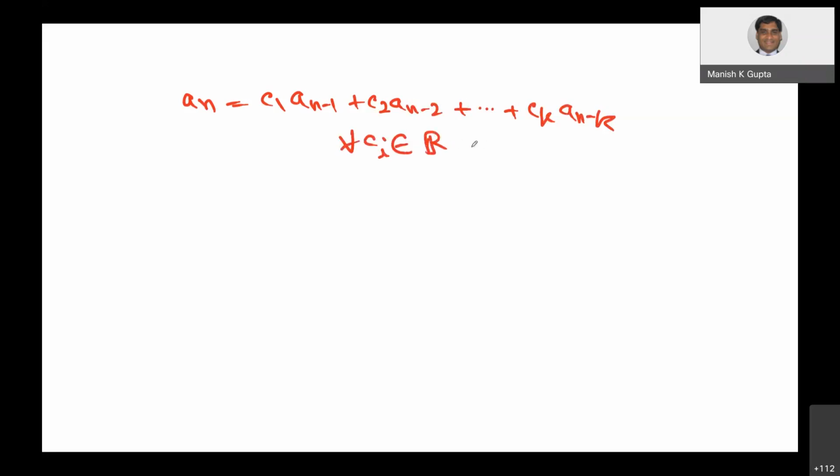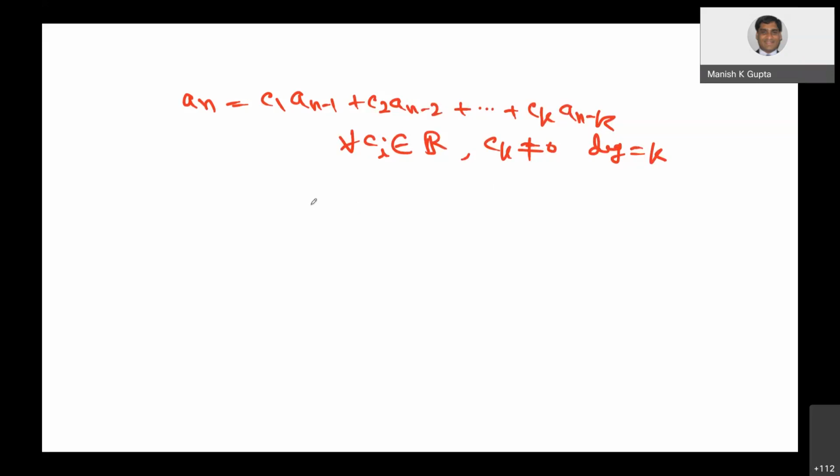It is of the form a_n = c_1 a_{n-1} + c_2 a_{n-2} + ... + c_k a_{n-k}. This is a general recurrence relation, where all these constants c_i are real numbers, and c_k, the last one, is non-zero. So that's why the degree is k.